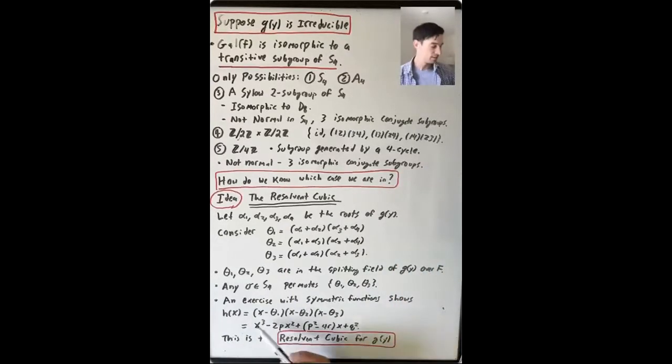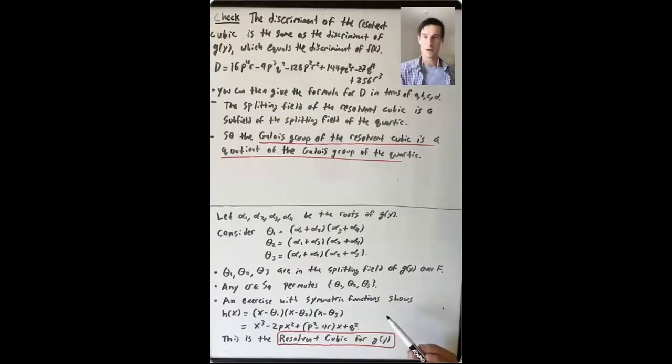Okay, so what does this polynomial tell you about the Galois group of g? I'll pause and erase and say a little bit more about how they're related. What does the resolvent cubic for g of y tell you about g of y?